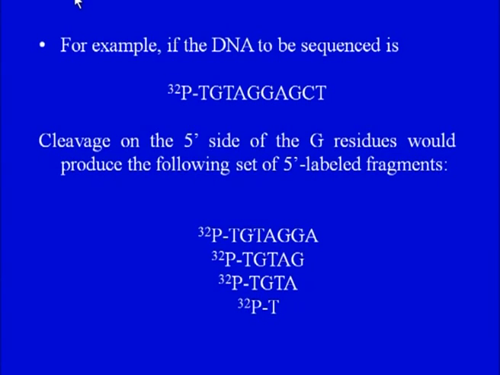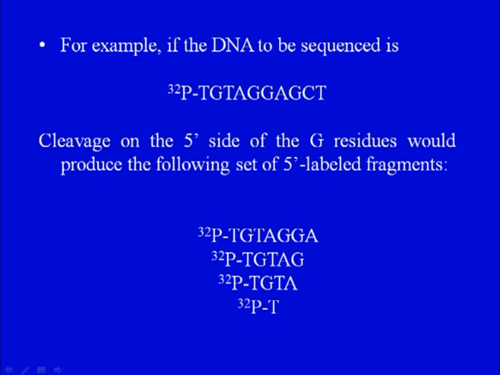For example, if you can see on your screen, this is the DNA which needs to be sequenced, labeled at the 5 prime end with 32P. Always remember, the left hand side is 5 prime and the right hand side is 3 prime, unless specified. Taking cleavage on the 5 prime side of a G residue as an example, one cleavage occurs after T and before G, and you get different fragments.